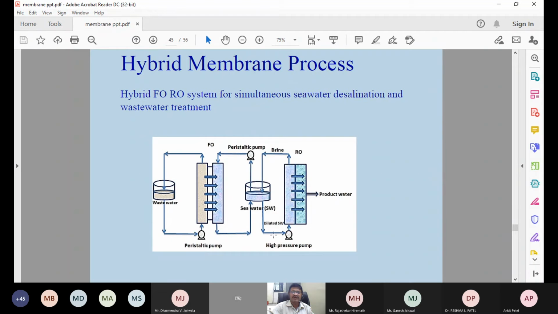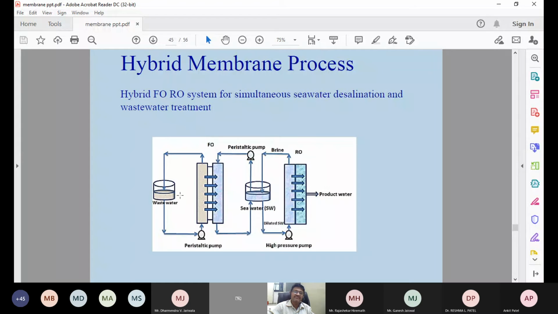That diluted seawater we are putting into the RO system. As we are putting the diluted seawater, the pressure on the RO will be less. So diluted salt water is coming into RO, then the concentrate will be very salty. That concentrate we keep here and it is transferred to the FO system.